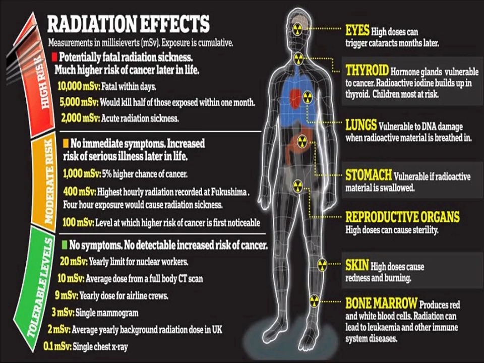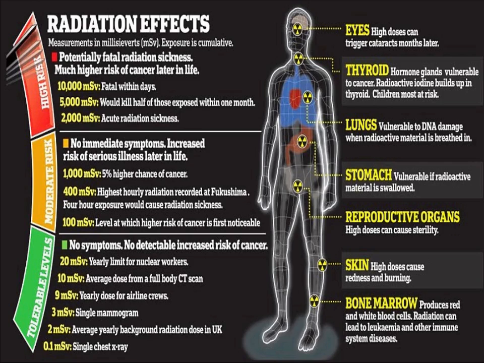Okay, here we can see the radiation effect. As we say, the eyes, thyroid gland, stomach, reproductive system, skin, and bone marrow are the places that interact most directly with radiation. As we see on the left scale below, 0.1 millisievert is equal to a single chest X-ray. 2 millisievert is equal to the average yearly background radiation dose in the UK, for example.